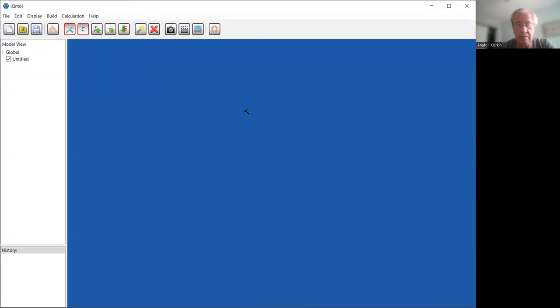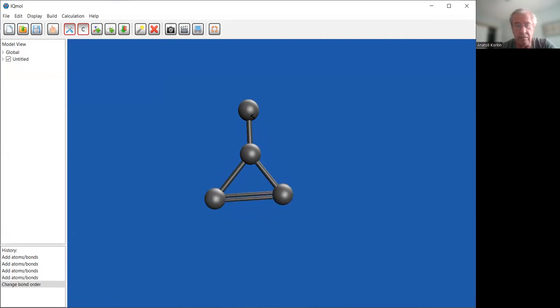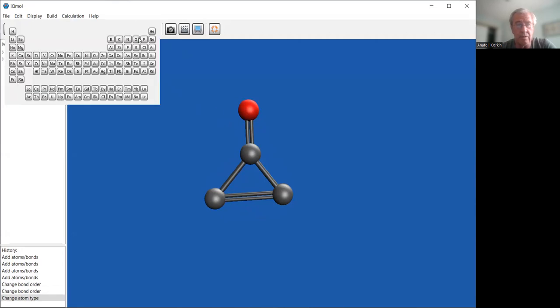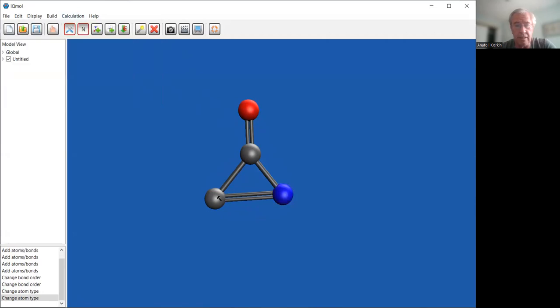I select carbon initially, build this frame using just carbon atoms, create a double bond here, a double bond there, and then replace carbon by oxygen here, and carbon by nitrogen here in the ring.